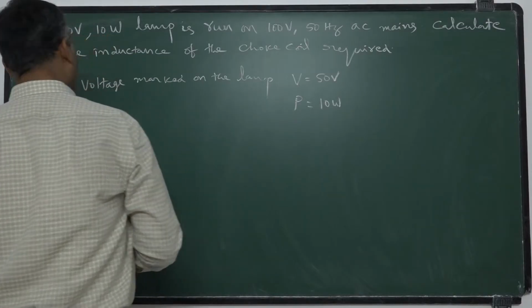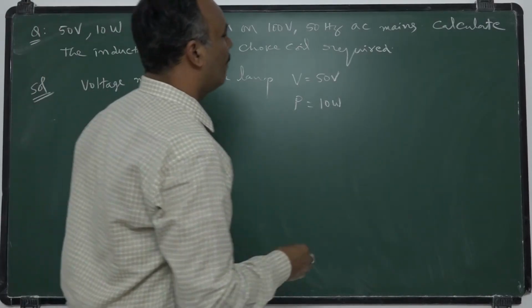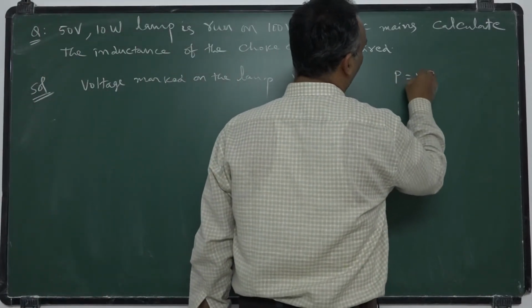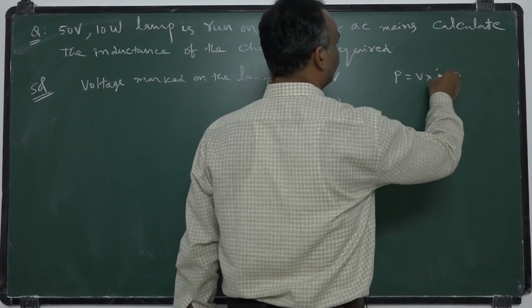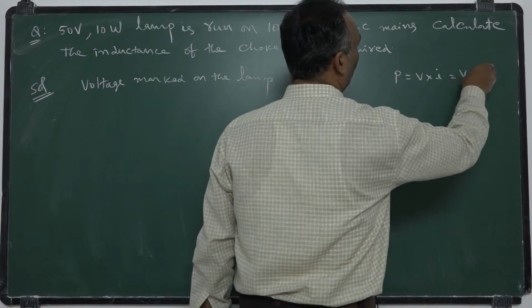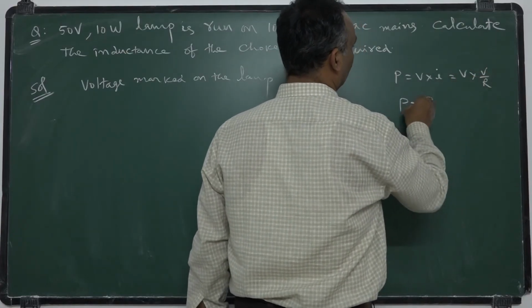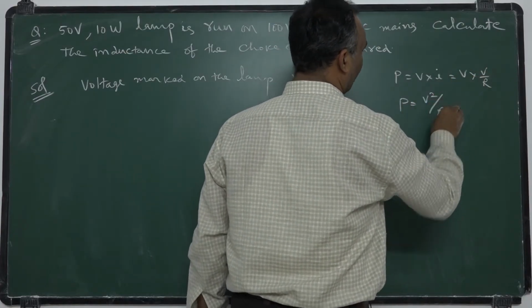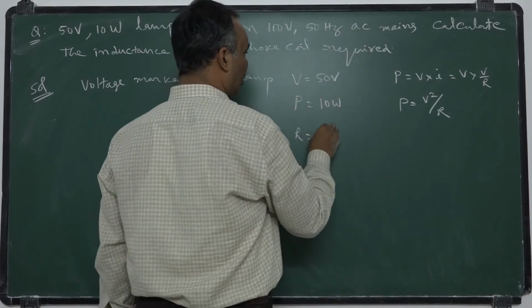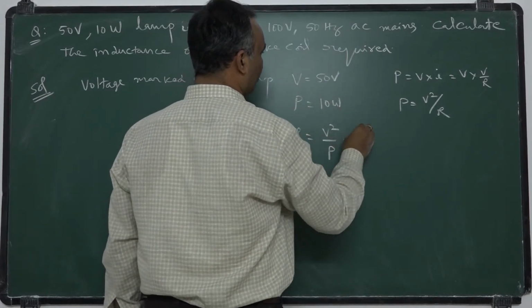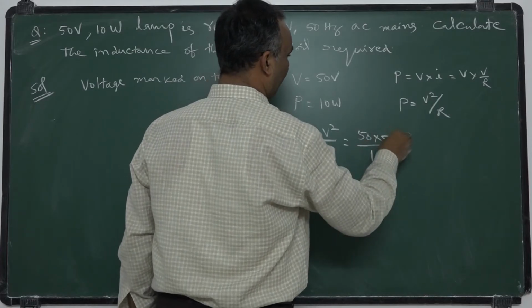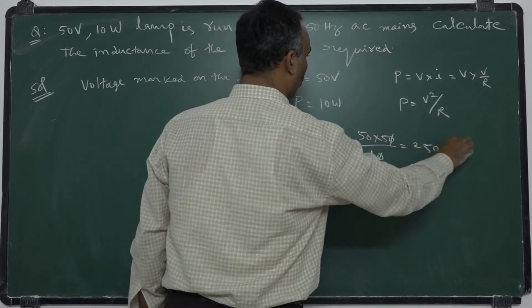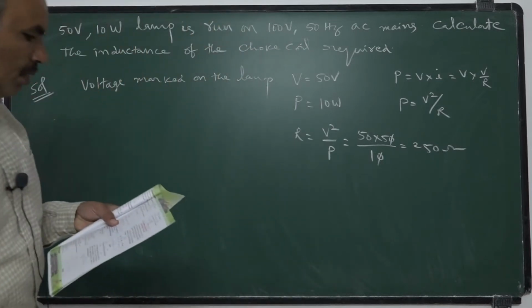So the resistance of the lamp, you know that power is equal to voltage into current. So current is equal to voltage by resistance. Power can be written as V square by R. Then R can be written as V square by P. That is 50 into 50 by power, which is 10. So 250 ohms is the resistance of the bulb.